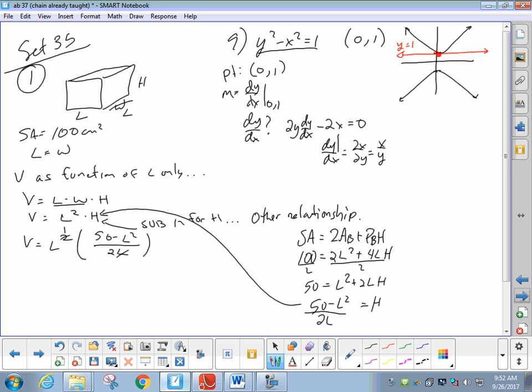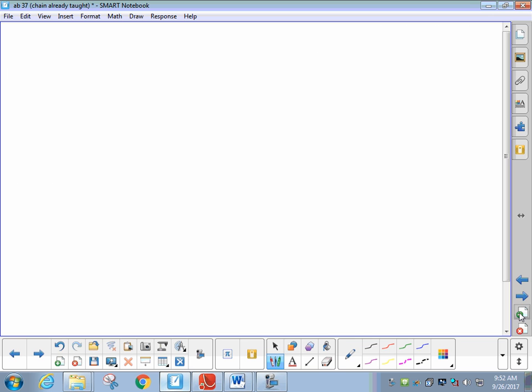When you go to evaluate it at (0, 1), that is 0. 0 slope means horizontal tangent. Horizontal tangent is y equals some constant. If it's horizontal and it's got to go through (0, 1), then it's got to be y equals 1. You follow? Okay, last but not least, number 9.